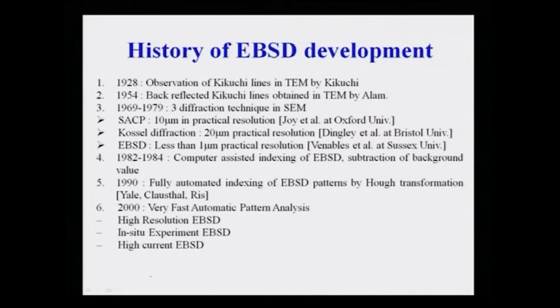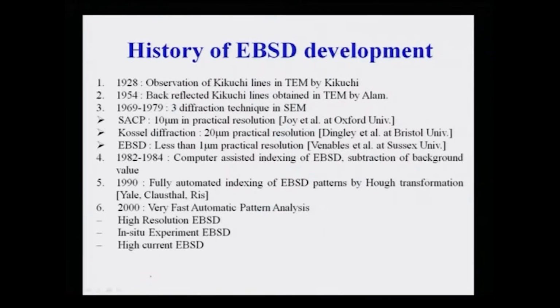At Bristol University, Digney and others found the coastal diffraction patterns with a practical image resolution of 20 micron. Finally, EBSD came with 1 micron practical resolution by Venables et al. at Sussex University, again from England.